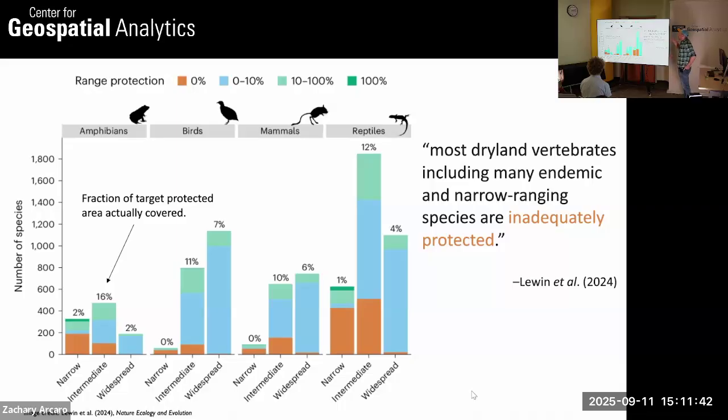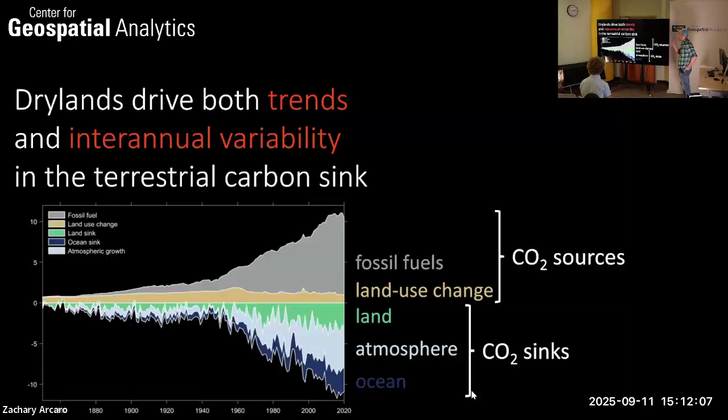And so this figure is basically showing for different types of species, amphibians, birds, mammals, and reptiles, how many species are in these different range protection categories. And the overall message is that most dryland vertebrates, including many of the endemic ones, have inadequate range coverage to protect them from the threats that they're facing. So that's another reason why we care about drylands.